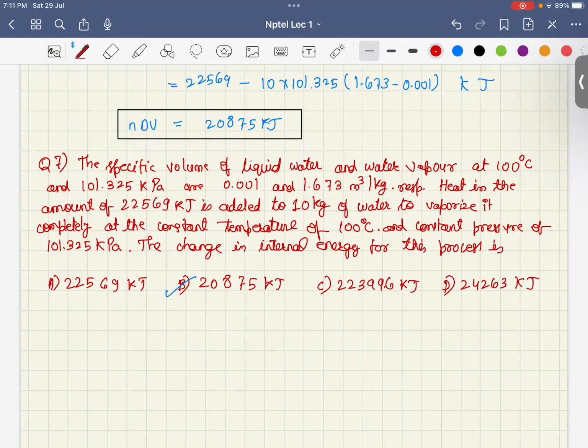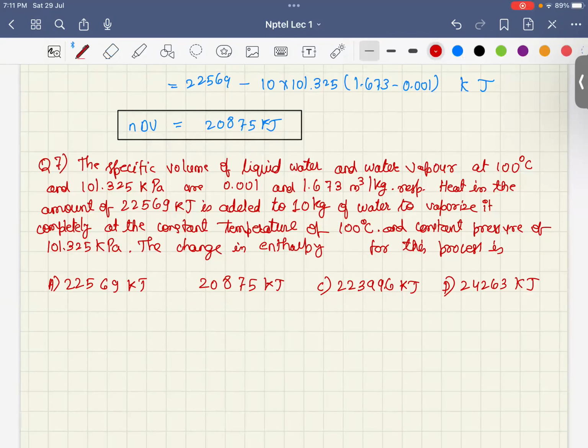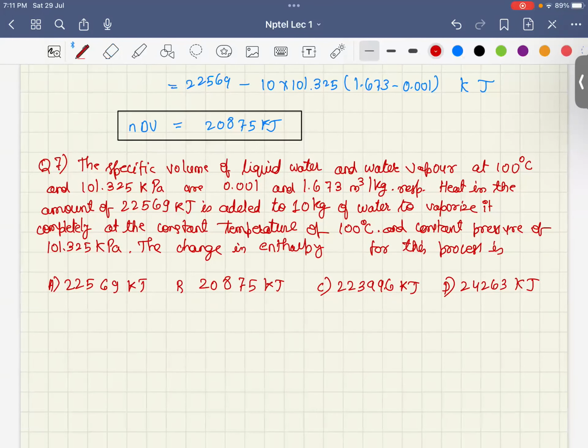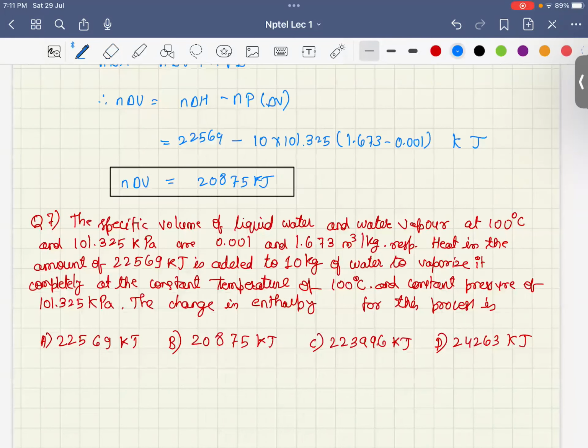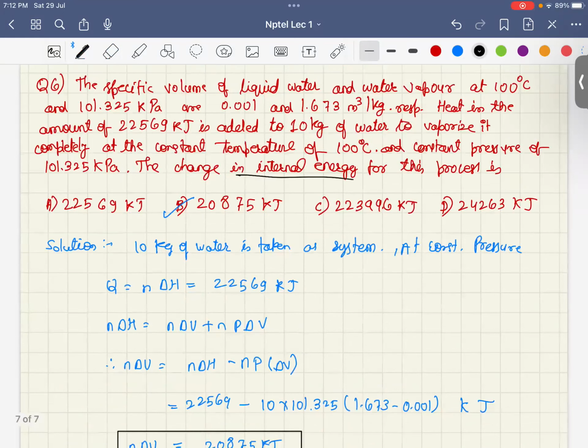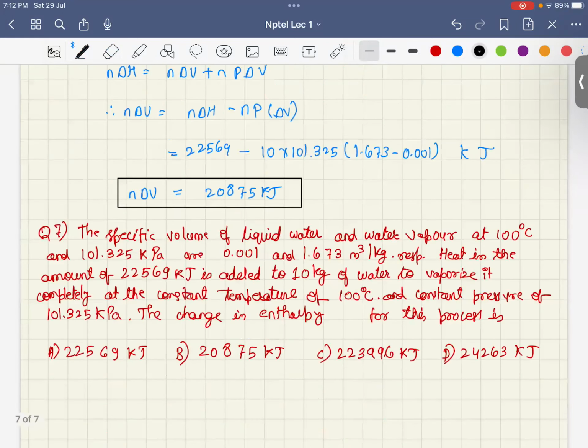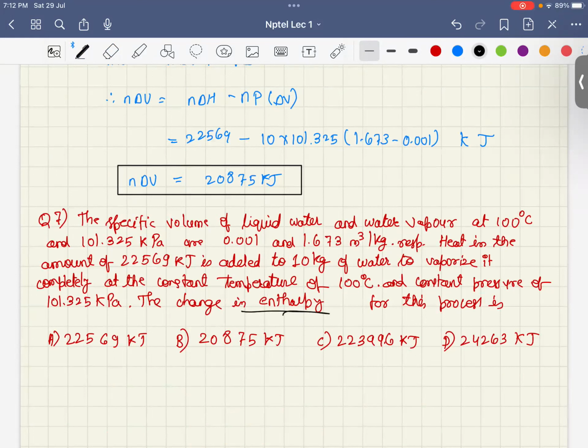Now instead of change in internal energy, what is the change in enthalpy for this process? Everything remains the same. Just instead of asking for change in internal energy, we are going to ask for change in enthalpy. The options are going to remain the same.